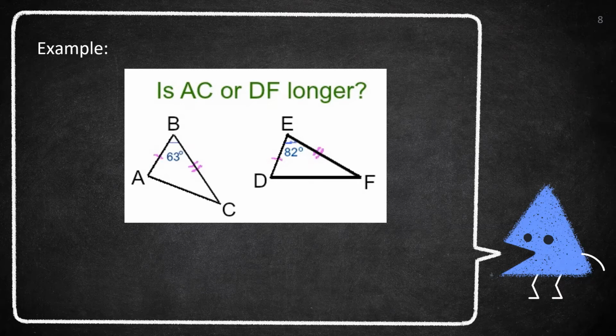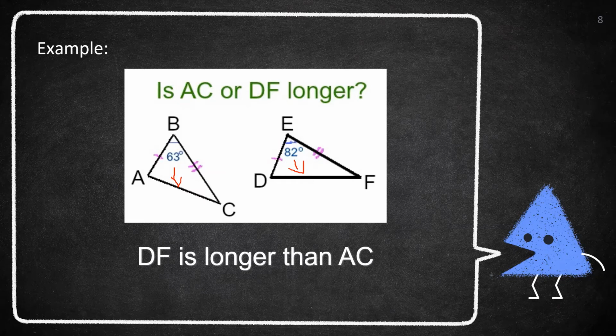Okay, of course, angle E is greater than angle B. Opposite angle E is side DF. So therefore, DF is longer than the side opposite angle B, which is AC. So we can now say that DF is longer than AC.